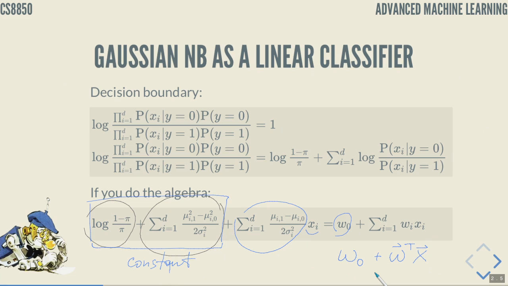The decision boundary of the Gaussian naive Bayes in this case, under the assumption of sigmas dependent only on the feature and not on the class, is a linear function. So when it's 0, it's right at the decision boundary. When it's above 0, positive class. When it's below 0, negative class.